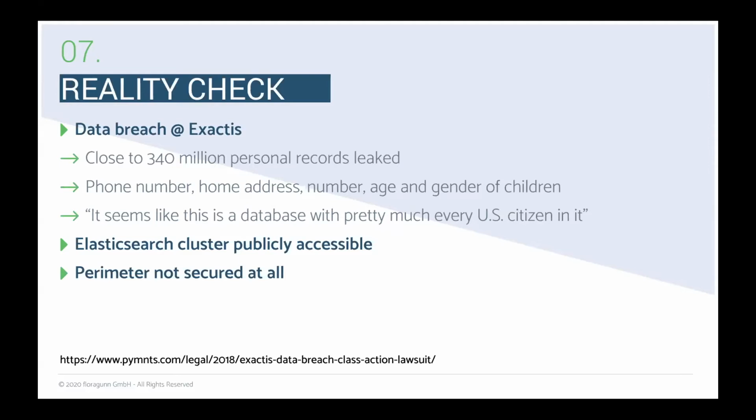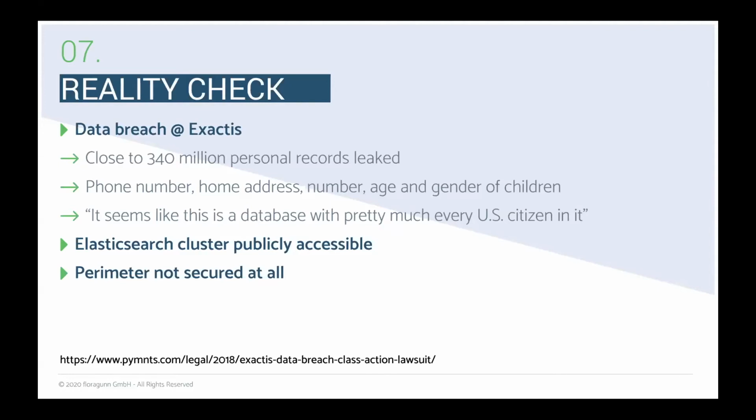So this first one is from 2018. Was a data breach which happened at a company called Exactis, which lost 340 million personal records, including very sensitive information like addresses, age and gender of the children, home address, and stuff like that.